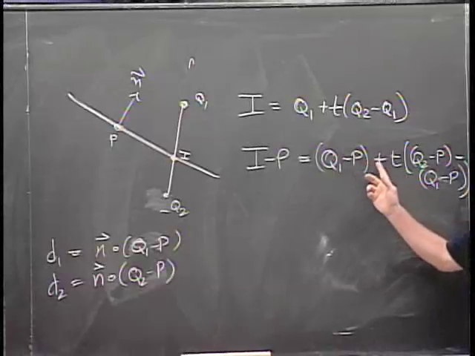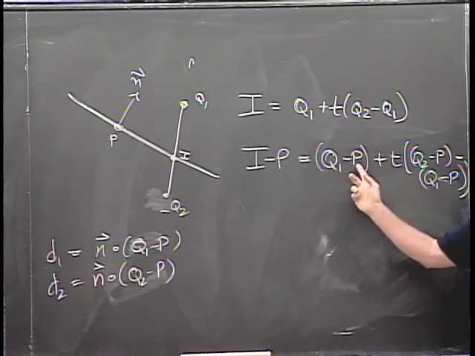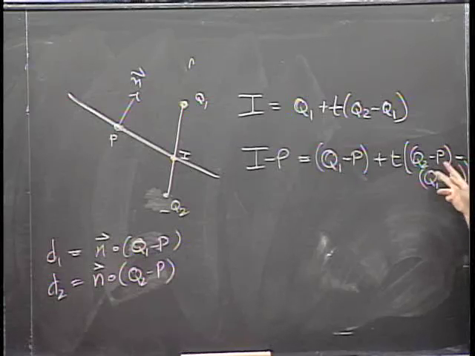Will you let me do that? All right. I've subtracted P from both sides. And over here, I've subtracted P from both these guys, but effectively they cancel out, right? There's a minus sign in there. They're gone. Okay.